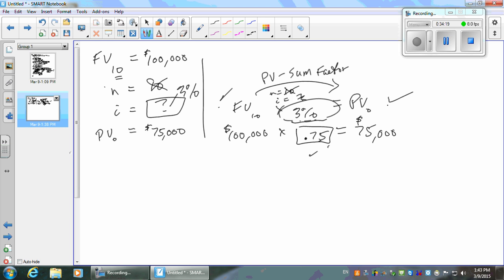Okay? So why should we be looking at the present value of a sum table and not the annuity table? Because it's one payment. I only have 100,000 in the future, once. I only have 75,000 now, once. There's no payments. The annuity is payment after payment after payment, the same amount.